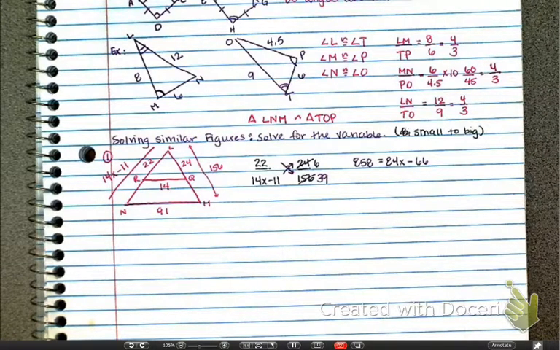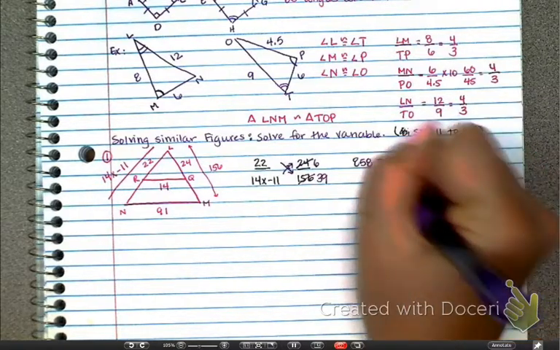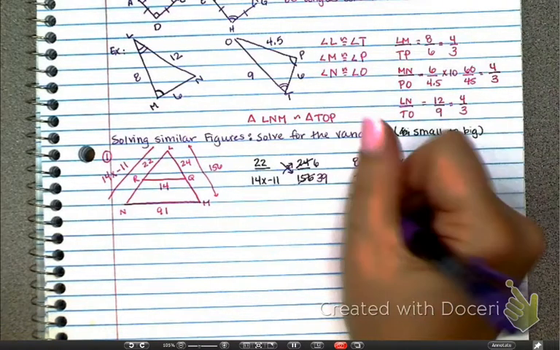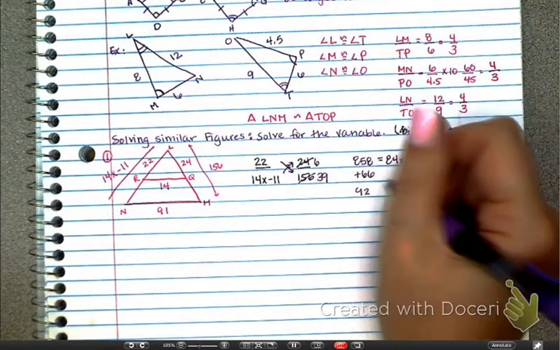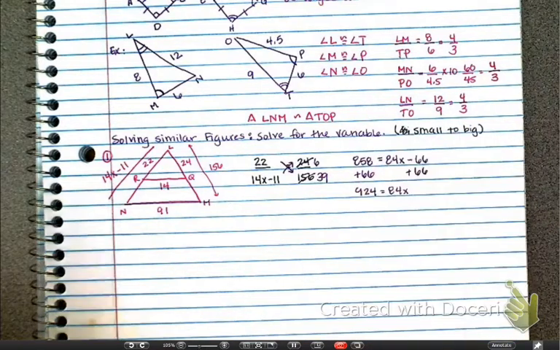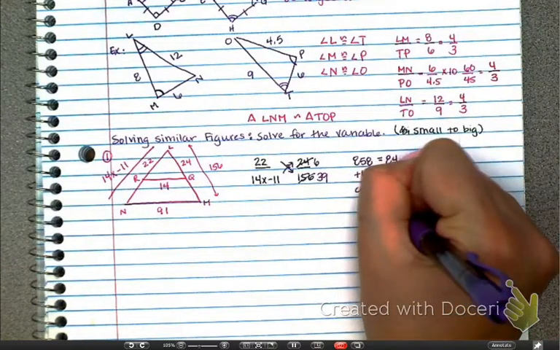How do I get x by itself? Add 66. 66 plus 858, I'm getting 924 equals 84x. And what do you get when you divide by 84? X equals 11.